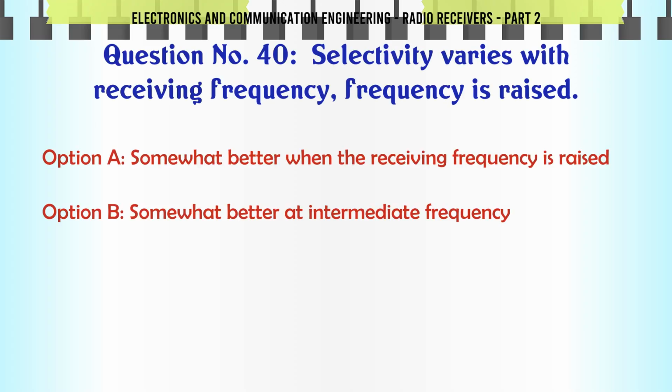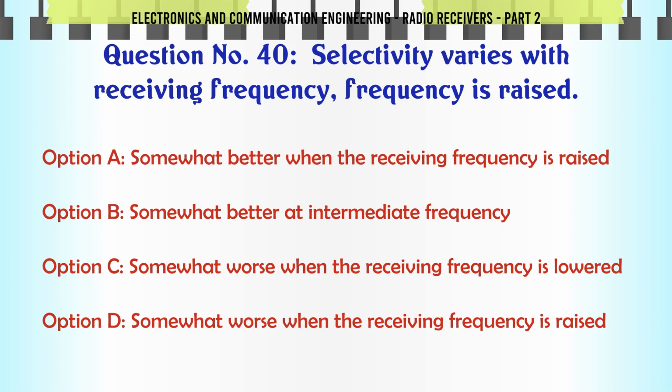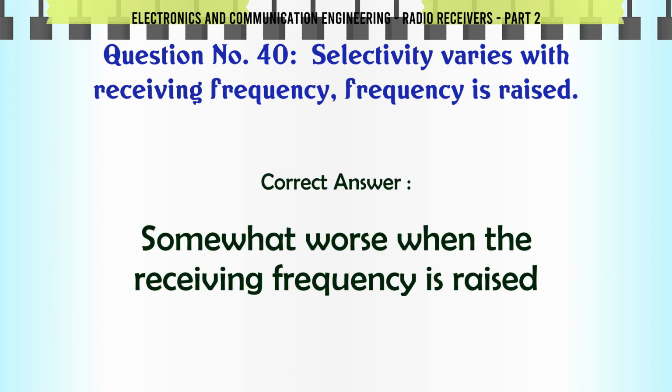Selectivity varies with receiving frequency. A. Somewhat better when the receiving frequency is raised. B. Somewhat better at intermediate frequency. C. Somewhat worse when the receiving frequency is lowered. D. Somewhat worse when the receiving frequency is raised. The correct answer is somewhat worse when the receiving frequency is raised.